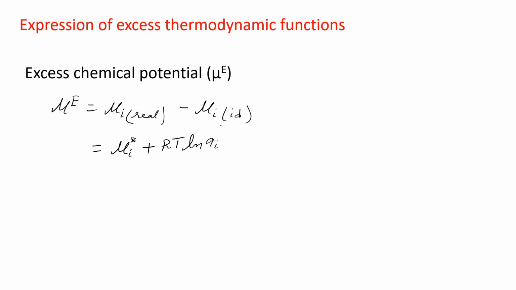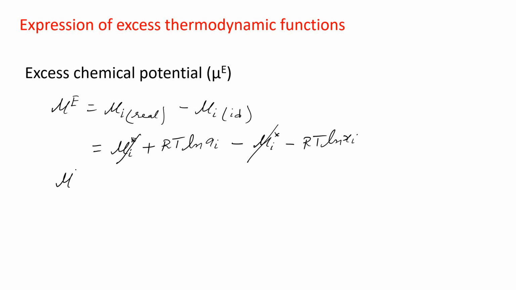The chemical potential of the ith component in the ideal solution is again the chemical potential in the standard state, here the pure state, plus RT ln mole fraction of the ith component. The standard state is identical for the real and the ideal solution.